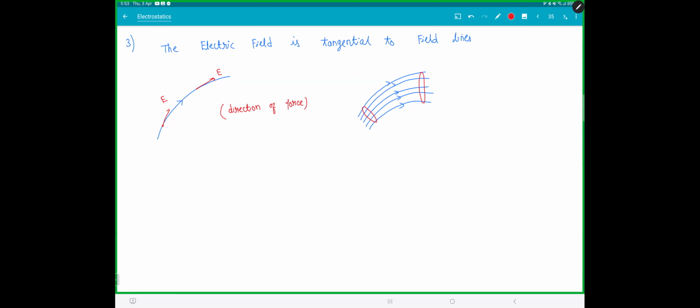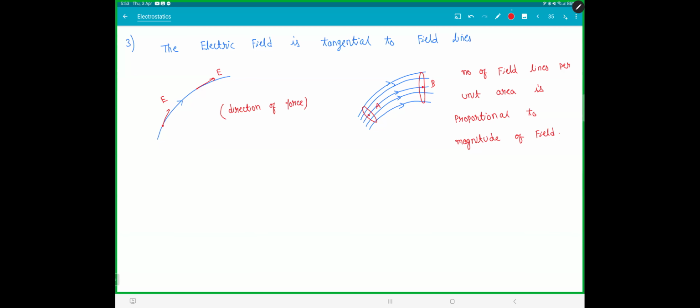You also have the same number of lines, but in a bigger area. So the number of field lines per unit area gives you the magnitude of field. If you have more lines in a smaller area, you'll get more field magnitude.